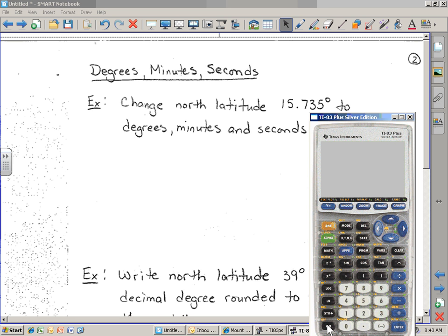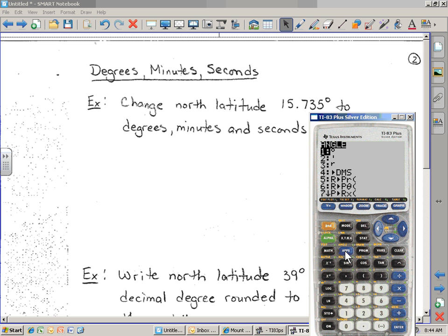Okay, so 15.735. So we just simply type in the angle that's currently in decimal degrees. Okay, and we're going to hit second button and then the blue apps button. This is the angle menu.